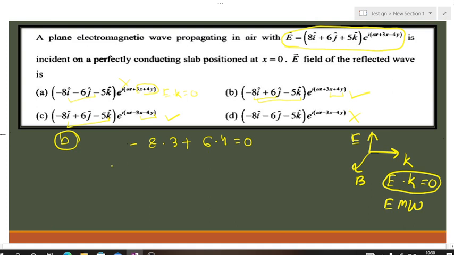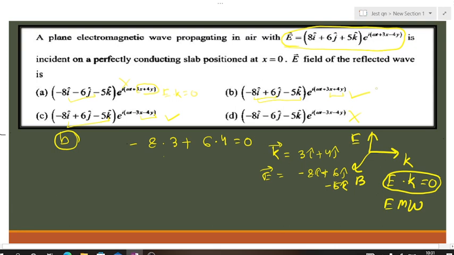But we have to see whether it is showing a reflected wave or not. So k vector is equal to 3 i cap plus 4 j cap, and E is equal to minus 8 i cap plus 6 j cap minus 5 k cap.